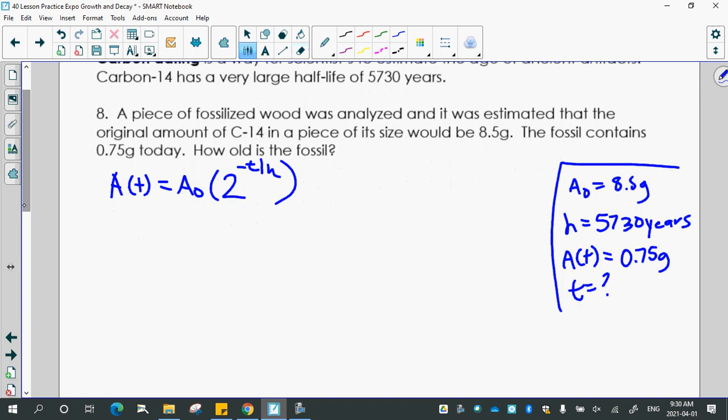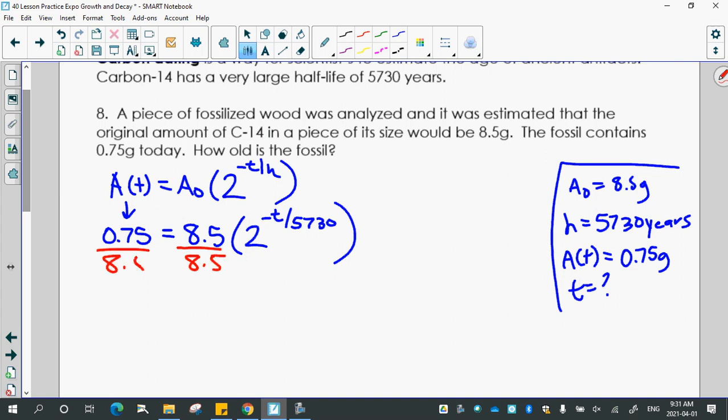So A at t changes to 0.75, the original amount, 8.5, times 2 to the negative t over 5,730. So what would I do to both sides? Good, we're getting the hang of this, which is awesome.